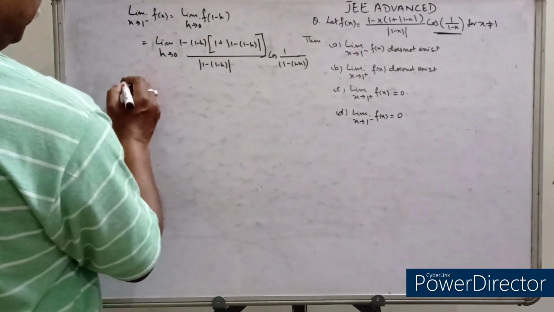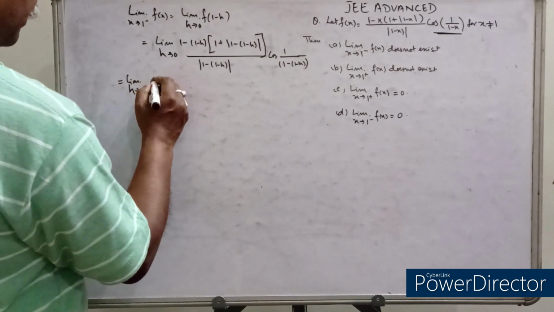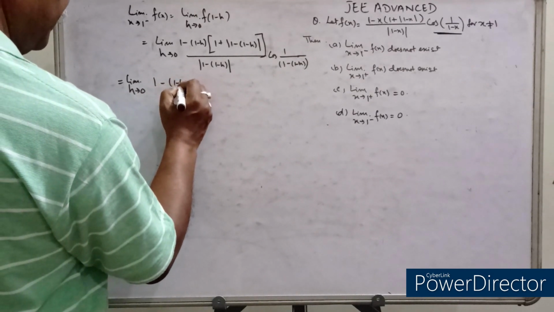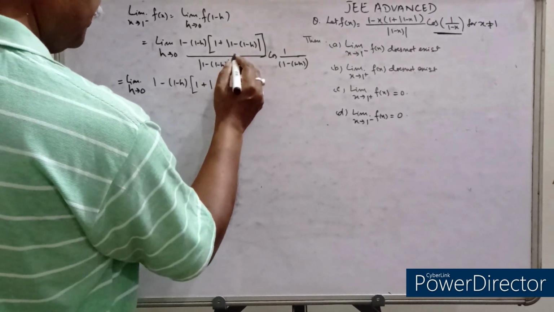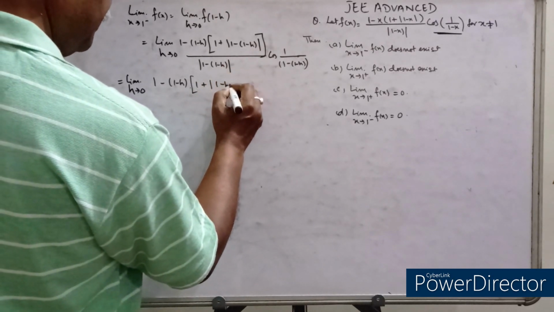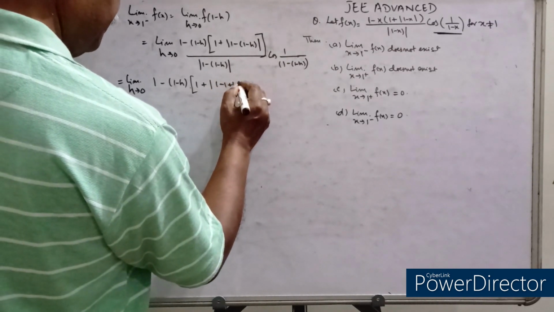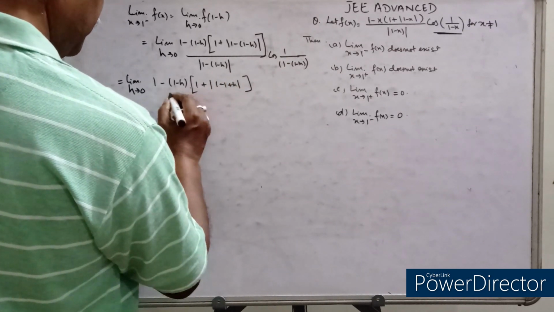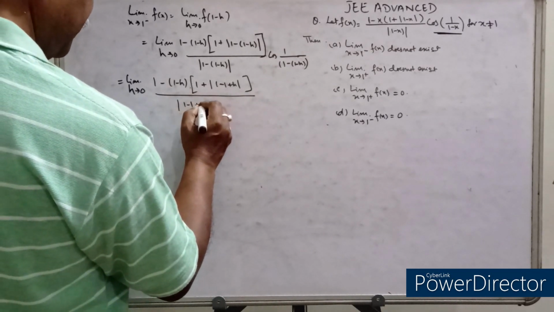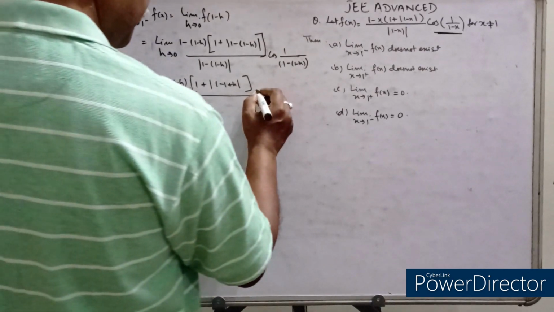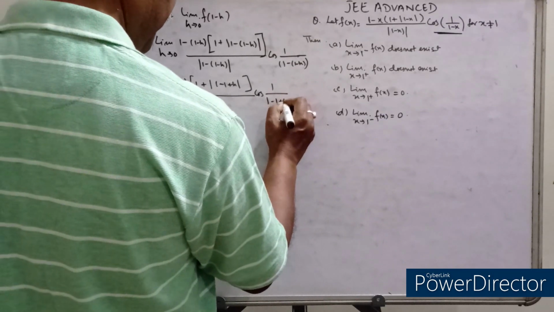So here the limit h tends to 0 of (1 minus h)(1 plus modulus of 1 minus 1 plus h), and cos again 1 by (1 minus 1 plus h).